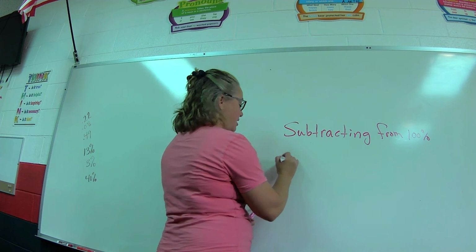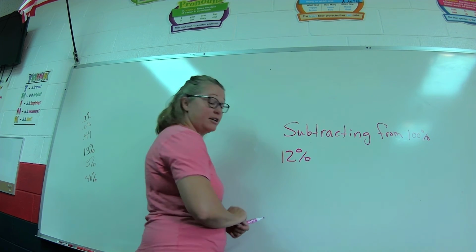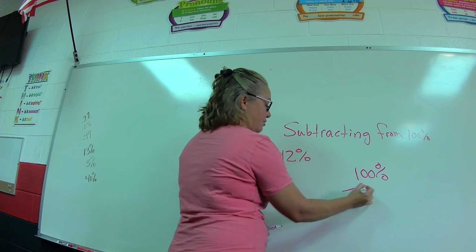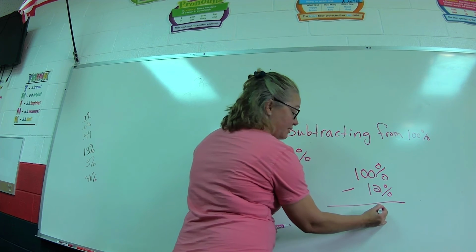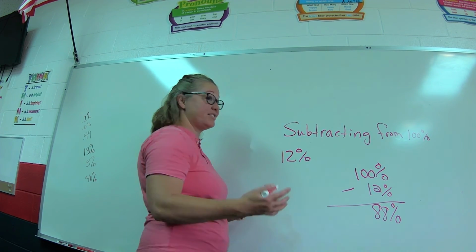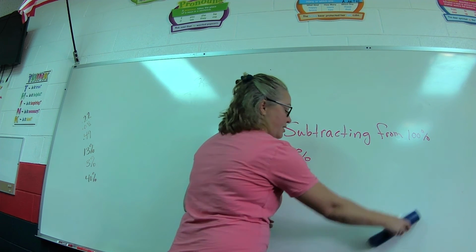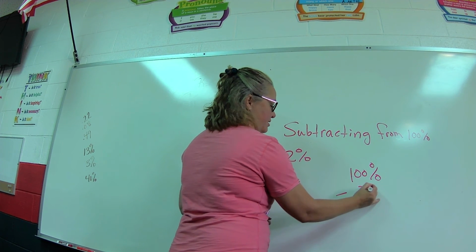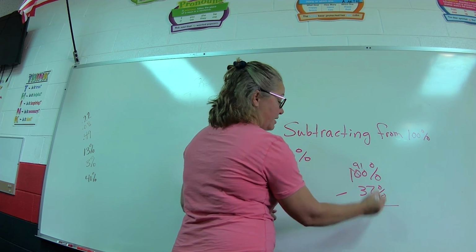All right. So say I want to take away 12% from 100. I start with 100%, and I'm going to take away 12%. What percent do I have left? I have 88% left. Say you want to take 37% away. So let's do 100% minus 37%. What would your final be? Take that, make that 9.